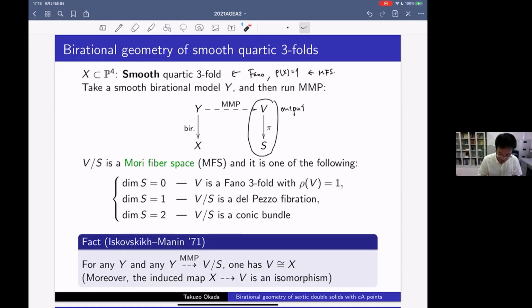In general, we have this kind of output.